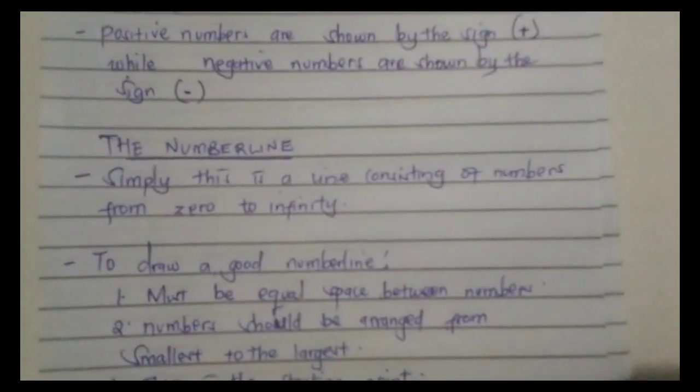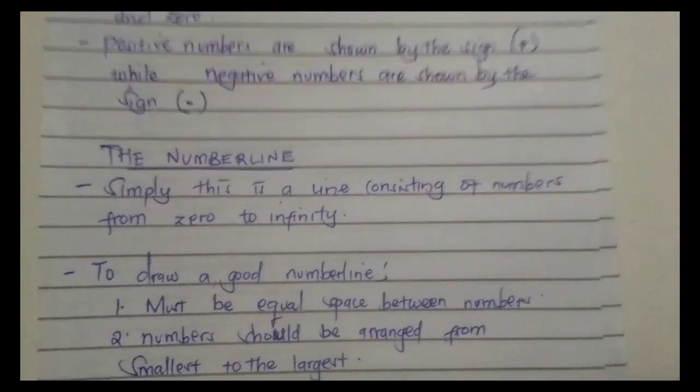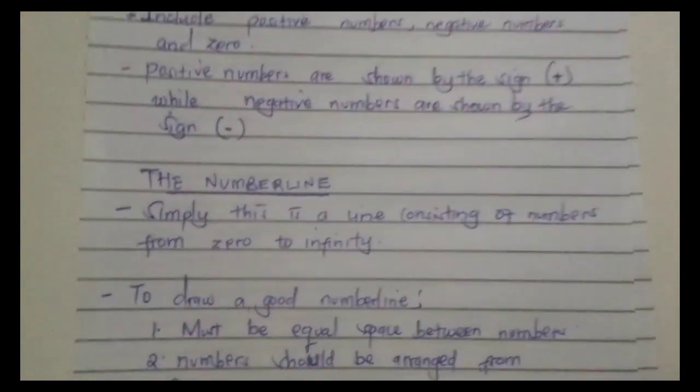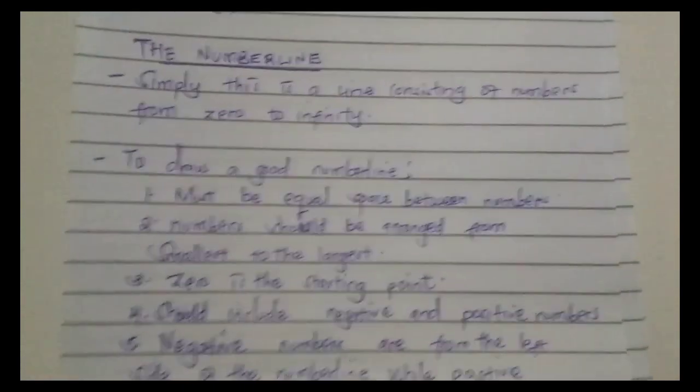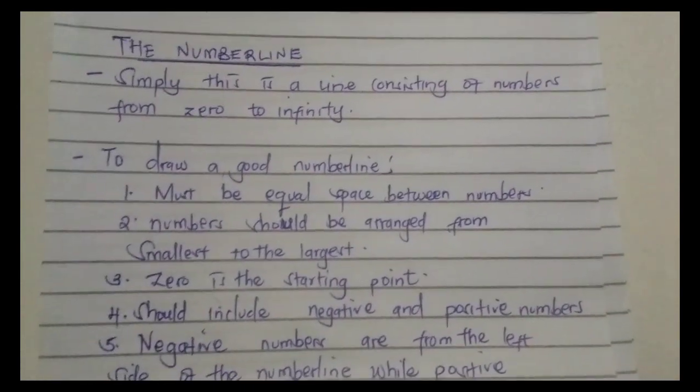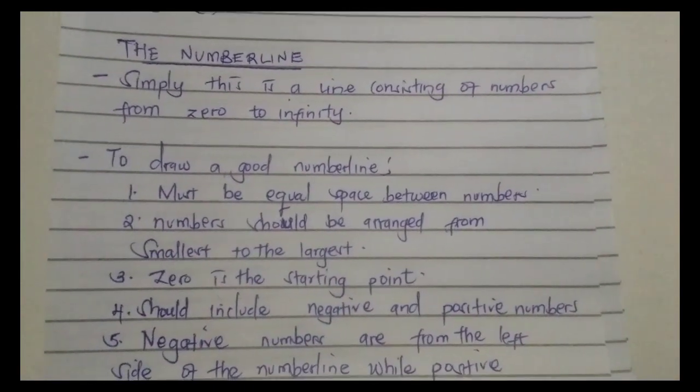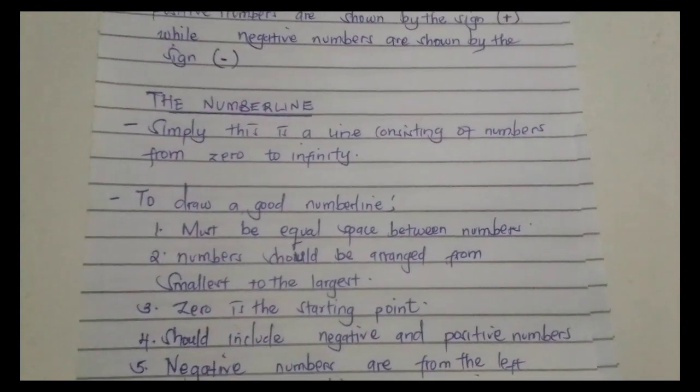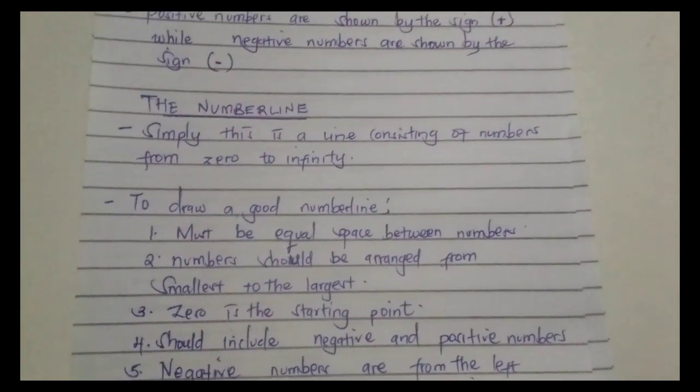How do we draw a good number line? One thing we are supposed to know: for us to say that is a good number line, number 1, it must be equally spaced. Between 0 and 1, and between 0 and negative 1, they must be equally spaced.